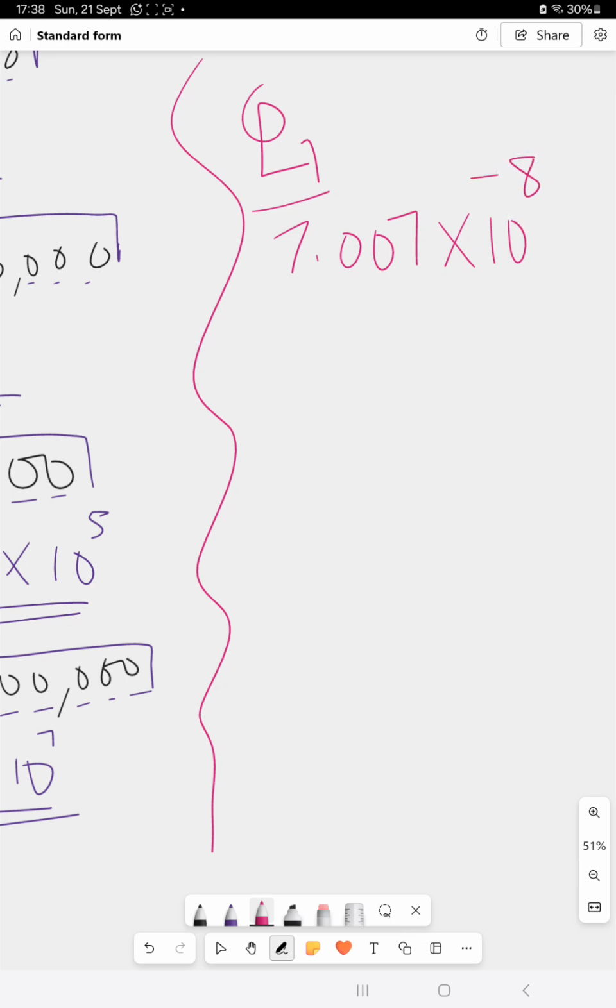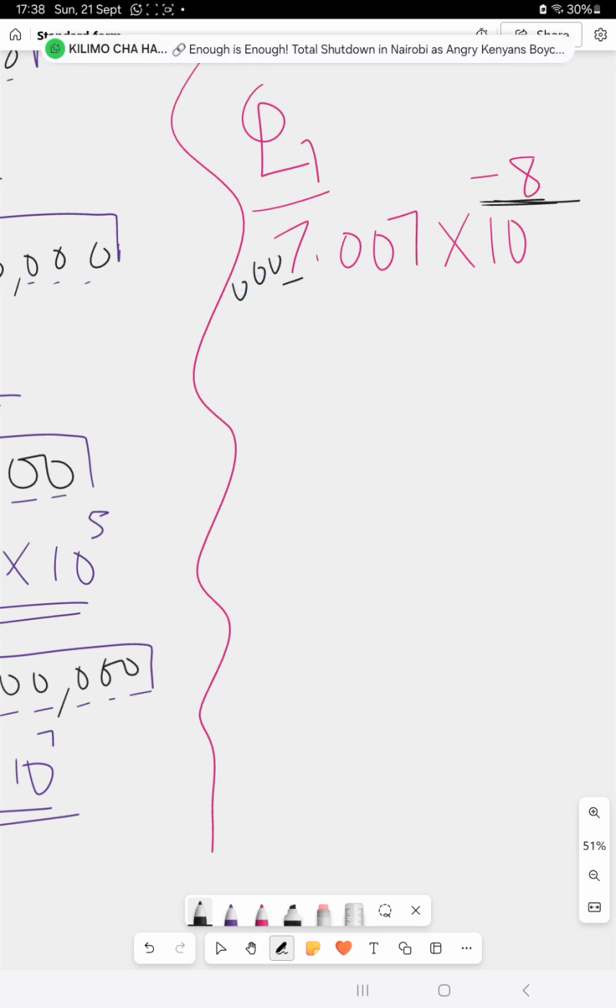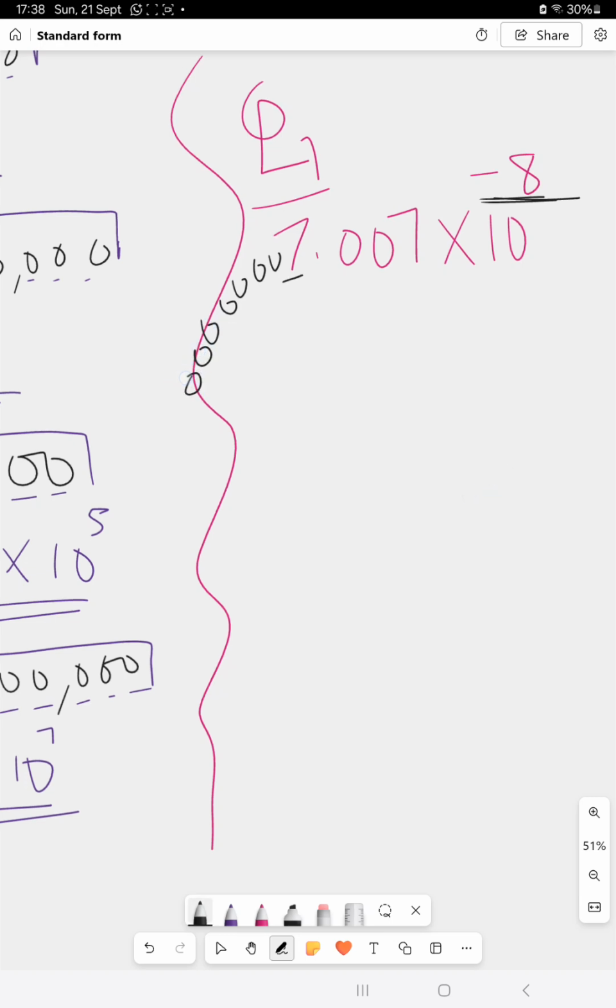This number, we have to write it in full. Therefore, how do we do it? Now we count 8 times backwards because of this. So I will start with this one: 0, 1, 2, 3, 4, 5, 6, 7, 8. And therefore I'll write how many zeros.